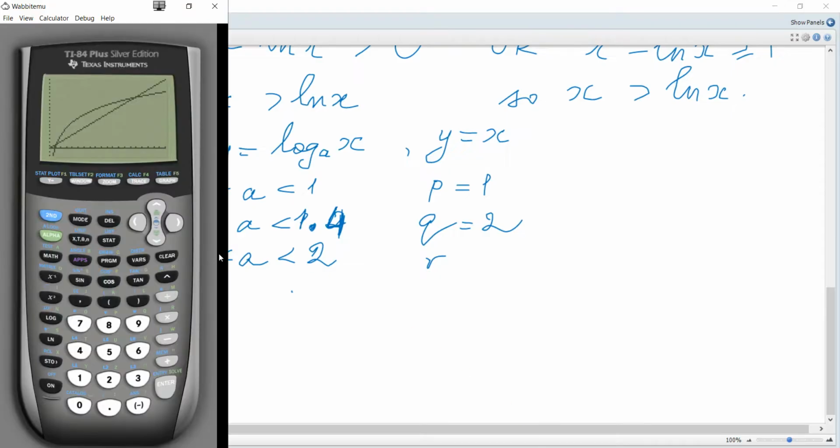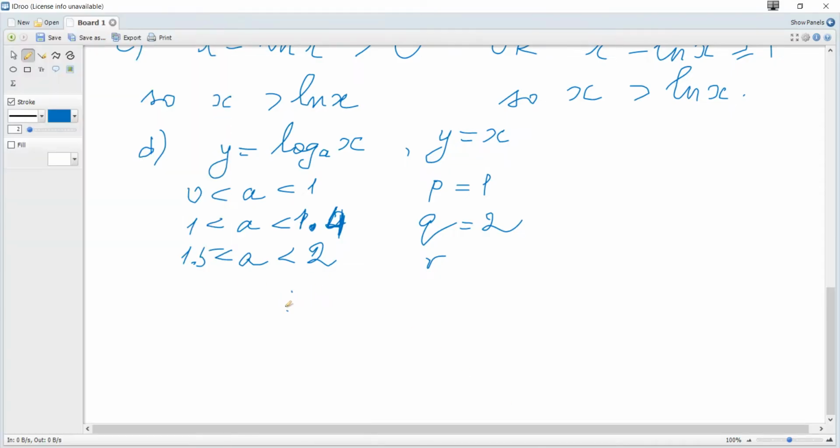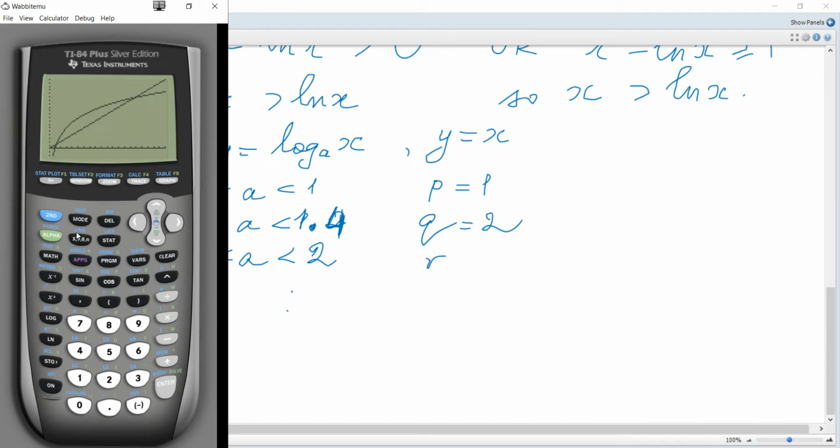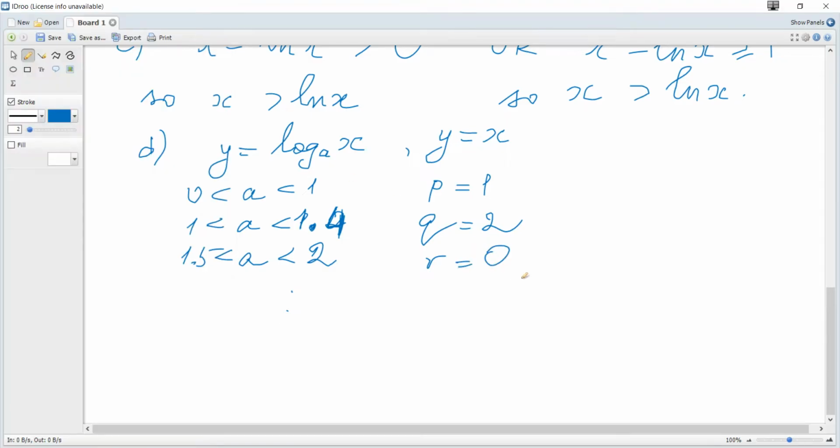And if a is in between 1.5 and 2, let's consider a to be, for example, 1.7, and we can see that it goes below y is x, and hence there are no points of intersection.